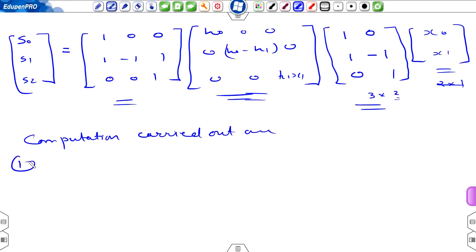In step 1, these constant coefficients can be pre-computed, so I can write capital H0 is equal to small h0, capital H1 is equal to h0 minus h1, that can be pre-computed, and capital H2 is equal to h1, that is pre-computed.